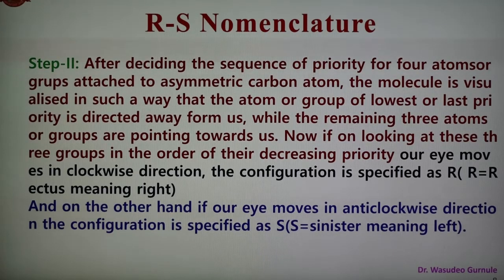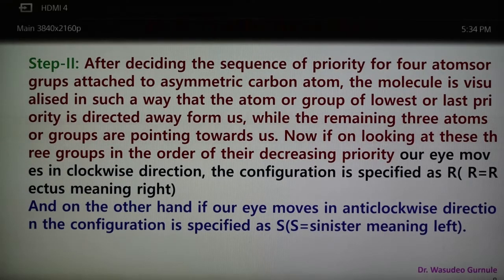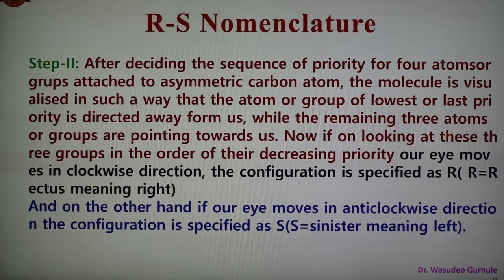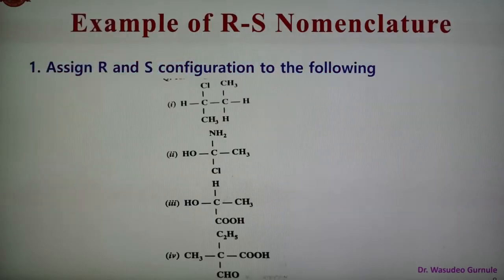Based on that we have to find the order of decreasing priority of the atoms or groups. When we move our eyes in a clockwise direction, the configuration is R, and when we move anti-clockwise, the configuration is specified as S, R for right and S for left.